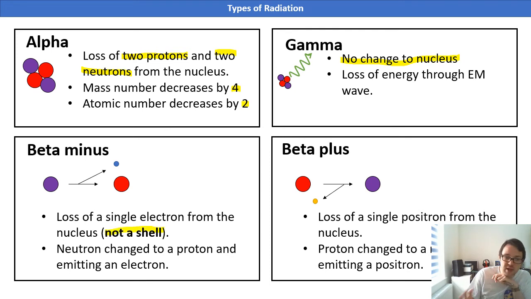A neutron has spontaneously changed to a proton and emitted an electron. Beta plus is where a proton changes to a neutron, and because the charges are different, we emit a positron. Again, we're not losing anything from the shell; it's what happens inside the nucleus itself.